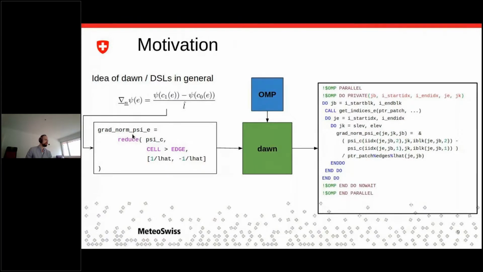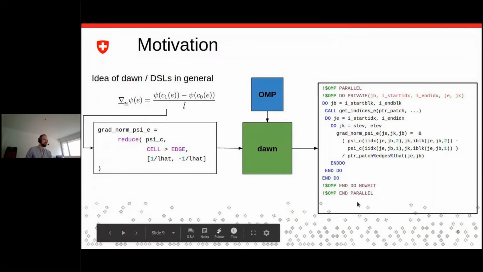So you want to express this in a pure way, and preferably close to this high-level representation that we have here, and that's how it's expressed in Dusk. And then we can use Dawn, and we can tell Dawn, please optimize this for OpenMP, and Dawn can give me an OpenMP version here.